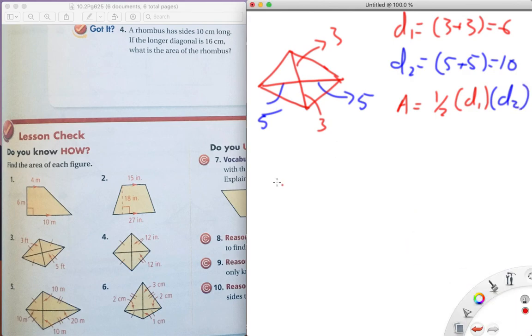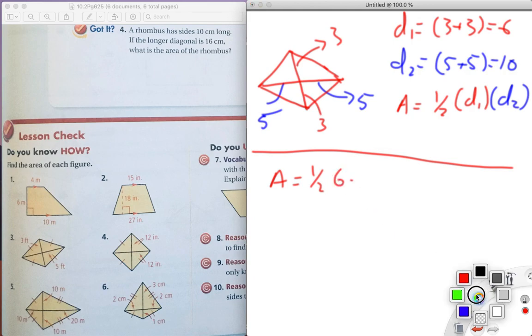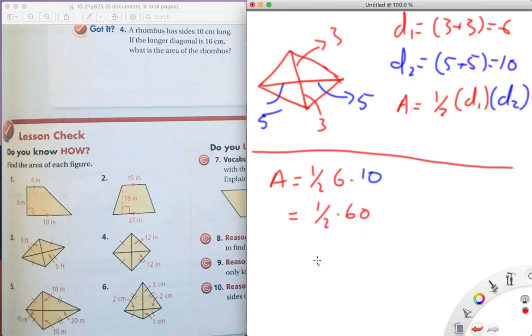So in this case, it's going to be 6 times 10, which is equal to 1/2 of 60, which equals 30, and it's going to be inches squared. Remember that your units are always squared.